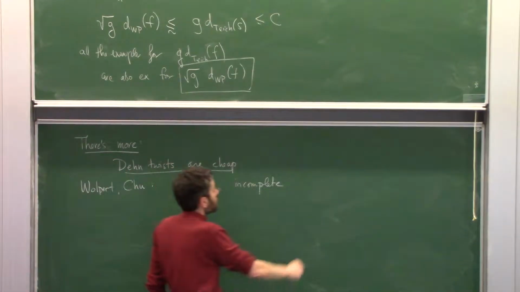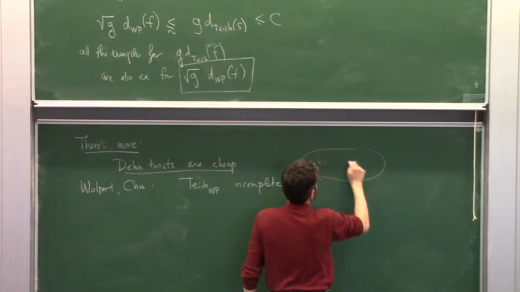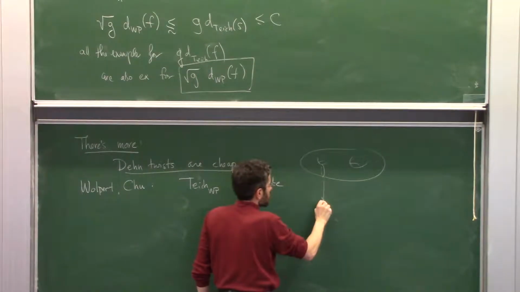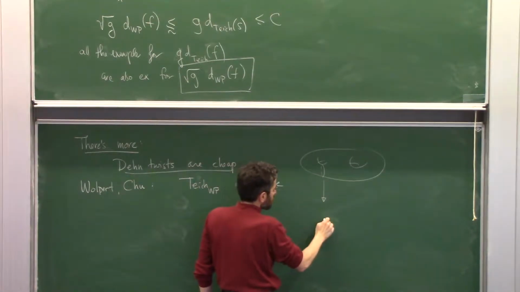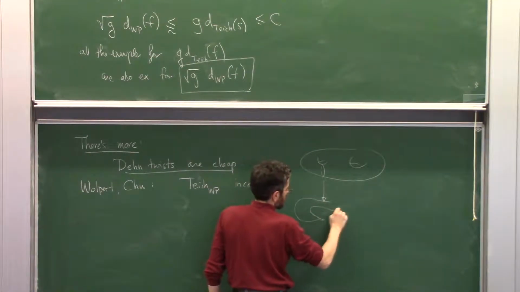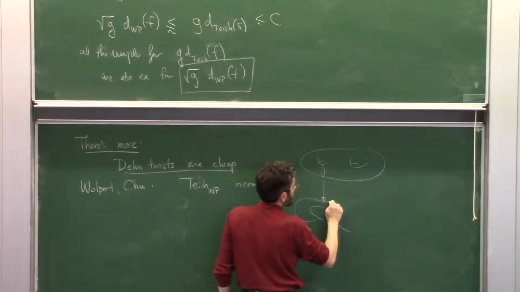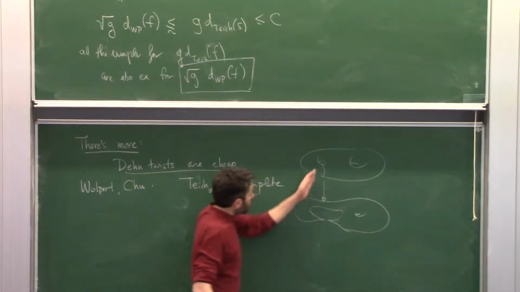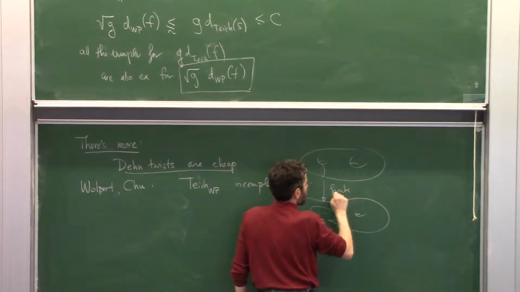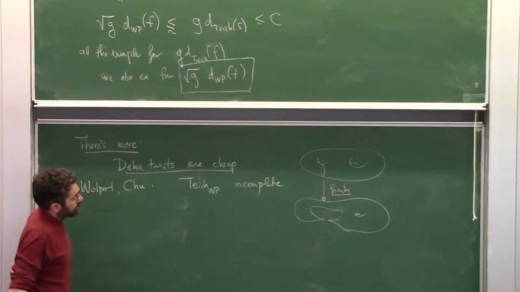So you can go from a surface like this, pick your favorite curve, and apply a deformation to it, which gets you to the noded one, where the length is 0. You sort of draw it like this. This is finite in the Weil-Petersson metric.